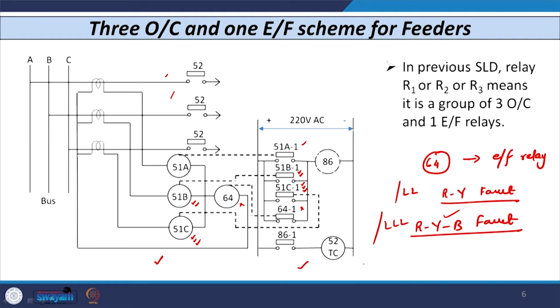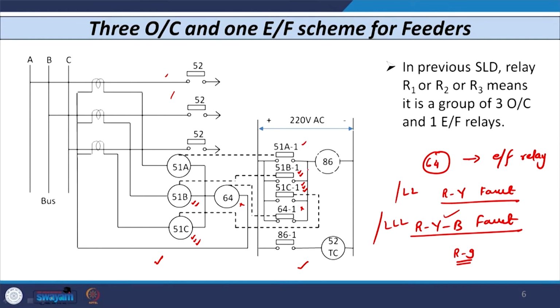In case of a fault involving ground, let us say an R phase ground fault occurs, then the current in the residual circuit increases, the 64 unit operates and its contact 64 trips, which is going to energize the 86 and further the tripping is initiated.